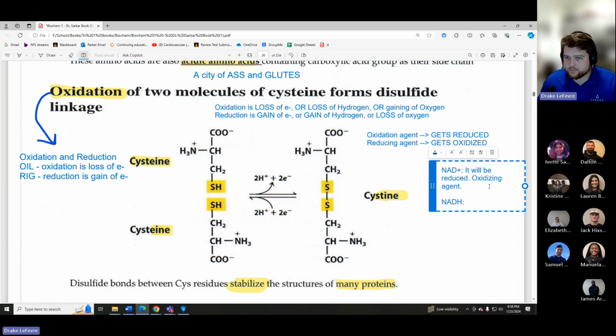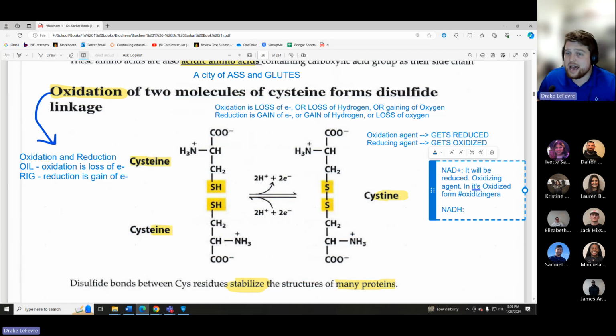NAD plus, the way that it is currently structured, is it in its oxidized form or in its reduced form? Oxidized. Correct. In its oxidized form.